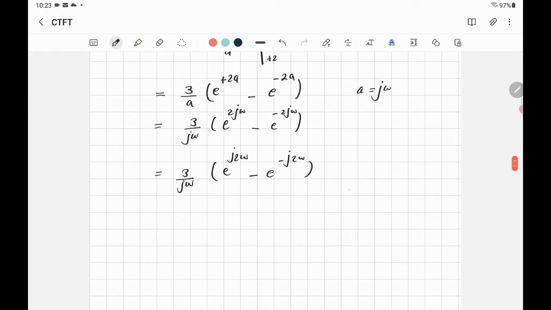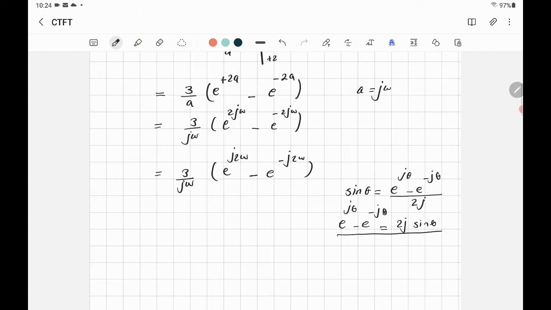We know that sine theta is equal to e to the power of j theta minus e to the power of minus j theta, divided by 2j. So e to the power of j theta minus e to the power of minus j theta would be equal to 2j times sine theta. I'm going to apply this formula here.